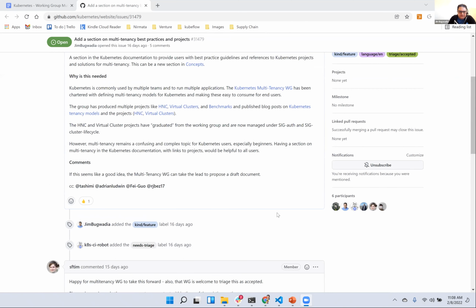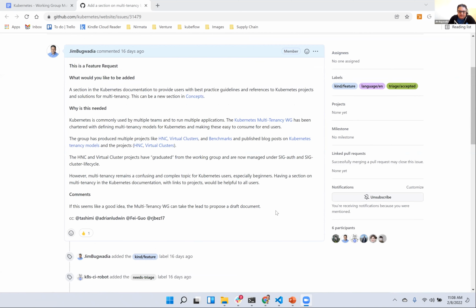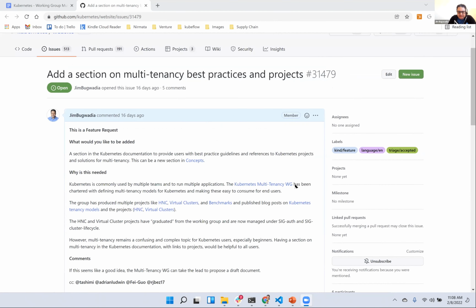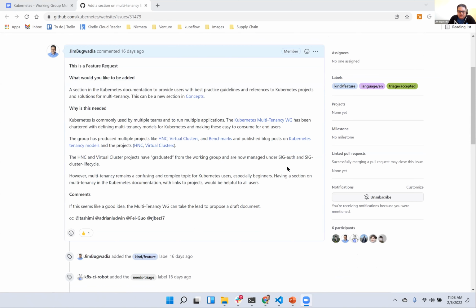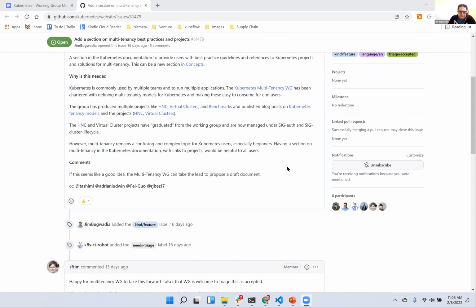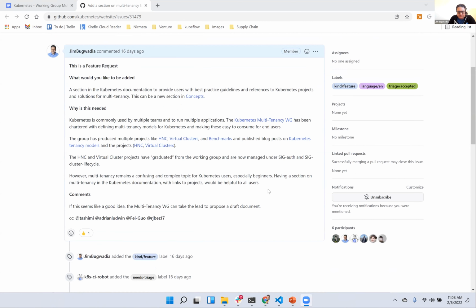So really this was just to seed the idea and get feedback, and it seems like the docs team likes the idea. They've approved it for triage. So now the ball is back in our court to start work on this, to propose an outline, fill in some sections, and decide what should be in the docs and what should not. The process for docs is that everything's driven through Git.